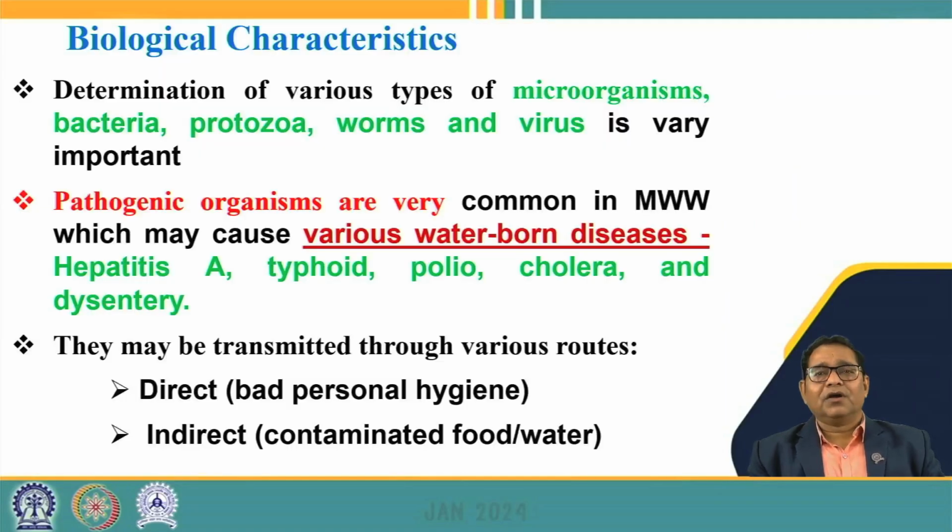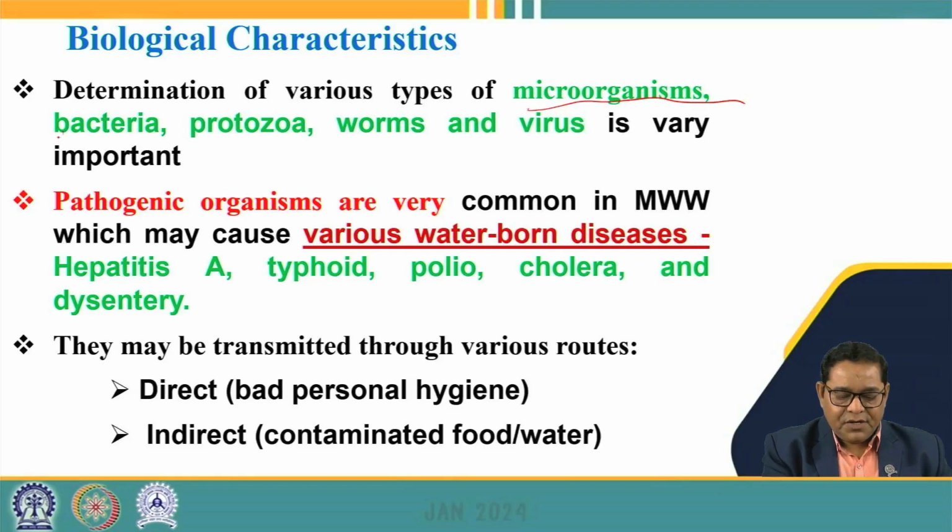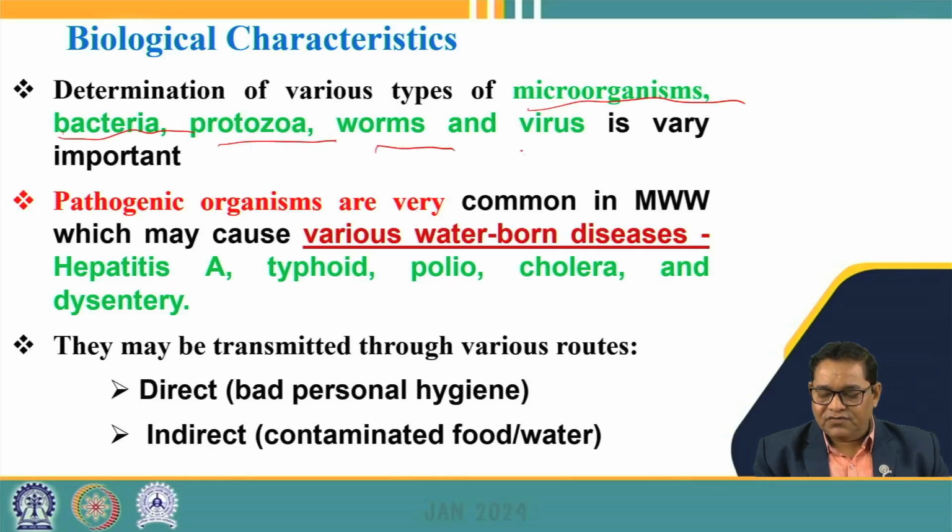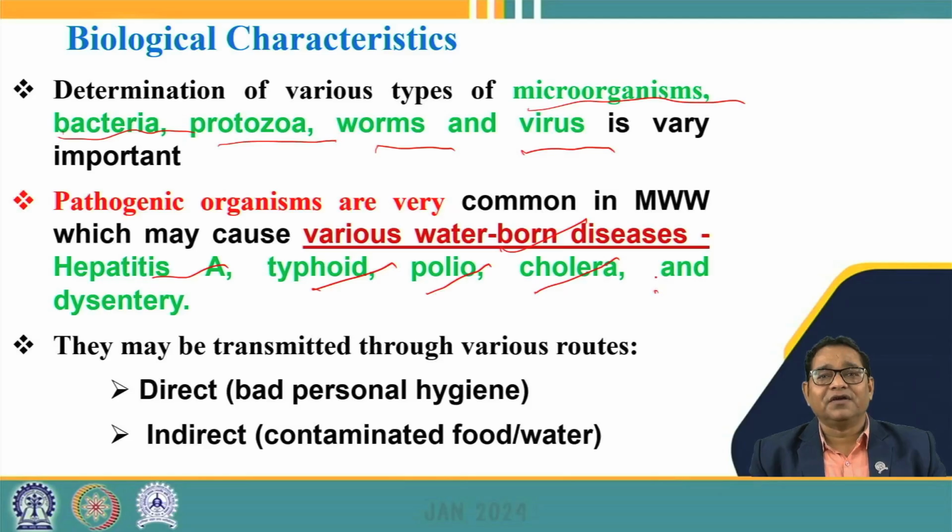Then we have a number of biological characteristics. Biological characteristics basically include the determination of various types of microorganisms: bacteria, protozoa, worms, and various types of viruses which are associated with waterborne diseases like hepatitis, typhoid, polio, cholera, and dysentery.